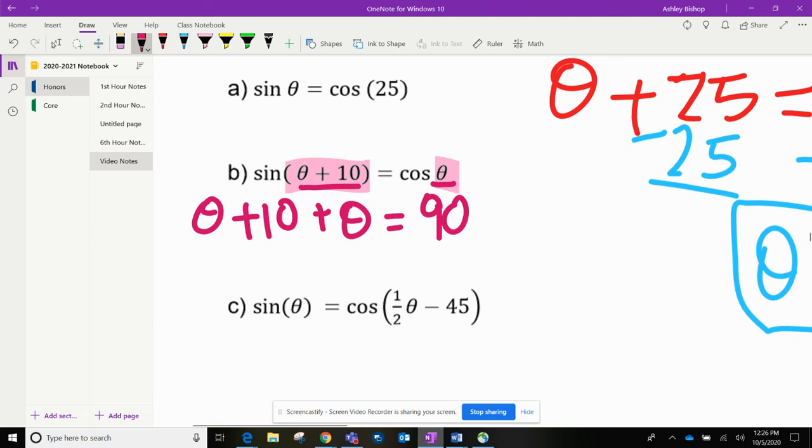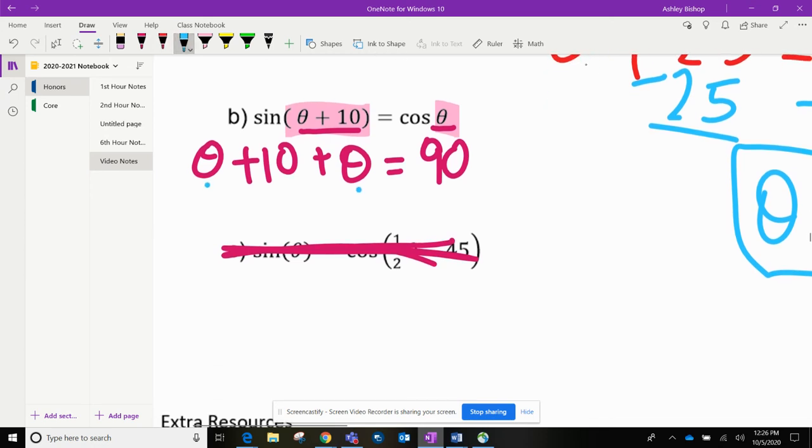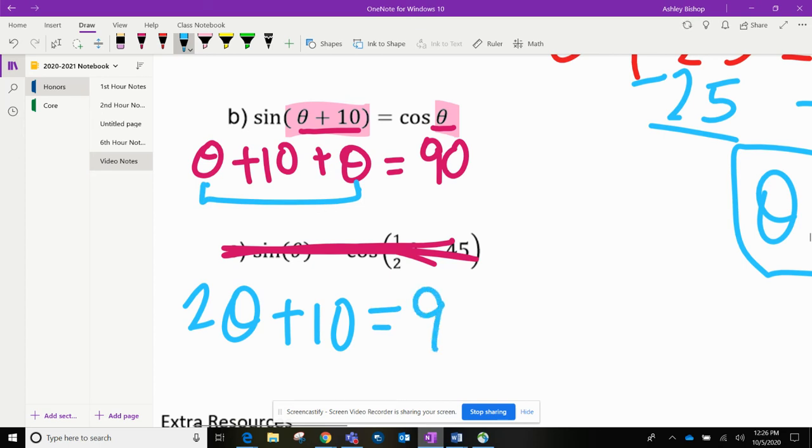Okay, so theta plus theta, I'm not doing this problem, so I'm gonna write on it. This angle plus this, or theta, 1 theta plus 1 theta is 2 theta plus 10. All I did was clean up this side, equals 90.